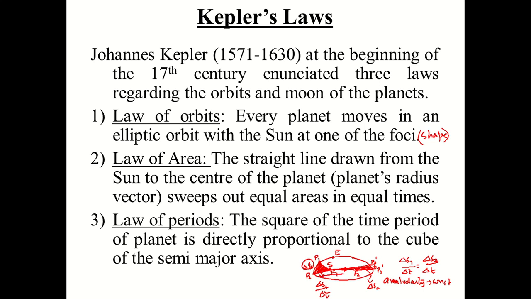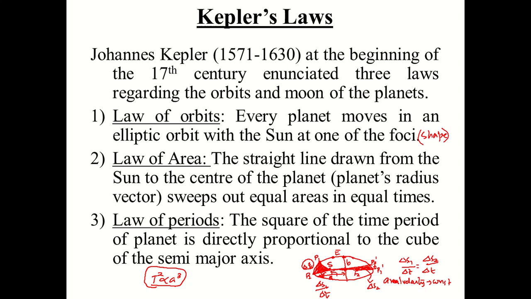One is called the semi-major axis a, and this is the semi-minor axis, represented by b. So according to Kepler's law of planetary motion, the square of the period of the planetary motion is proportional to the cube of the semi-major axis, that is T squared proportional to a cubed. That is the third law.